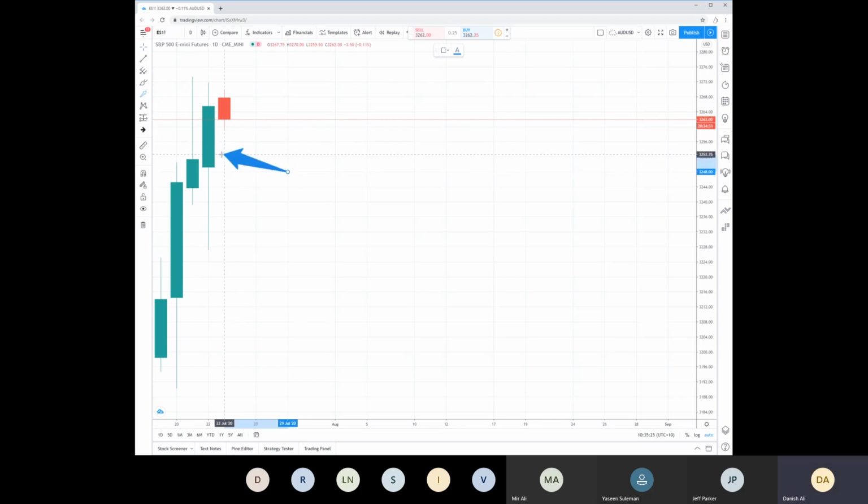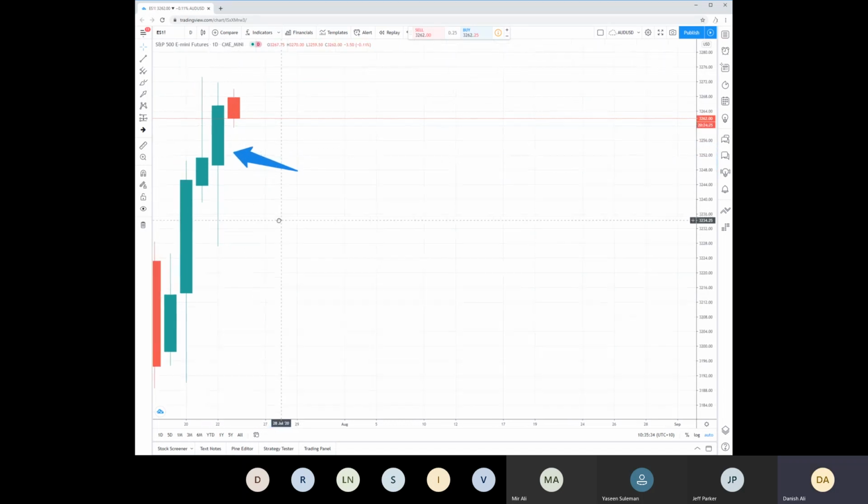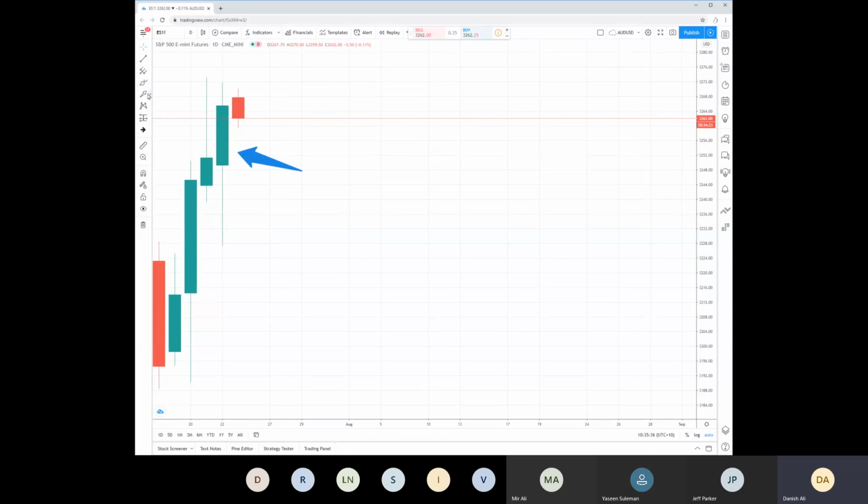One component is the body of the candle, the big green box right there. And the other component is these threads. Now, what do these two things show?